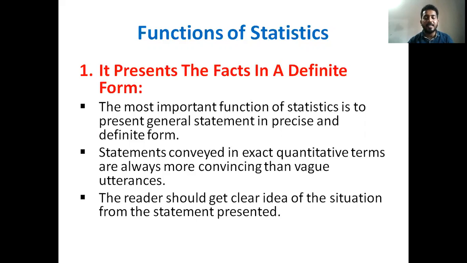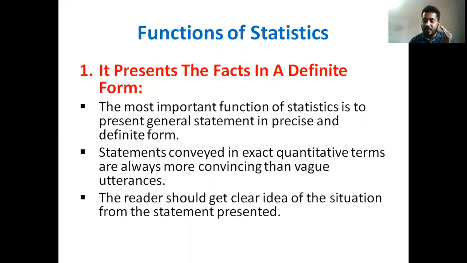Why do we need to present the statistical statement in definite form by using quantitative terms? Because when we present it in quantitative terms, it is always more convincing than confusing. It convinces people very easily, meaning it helps people understand or get the idea regarding a particular situation in a very clear manner.